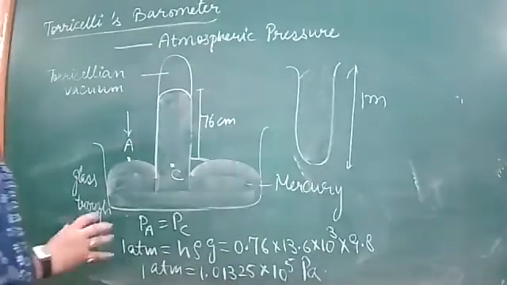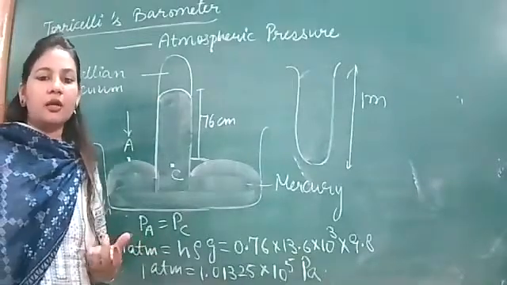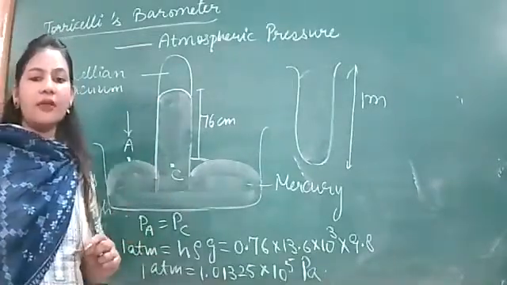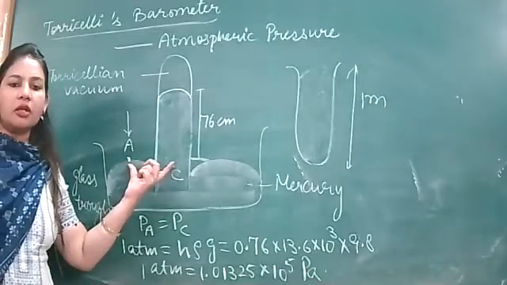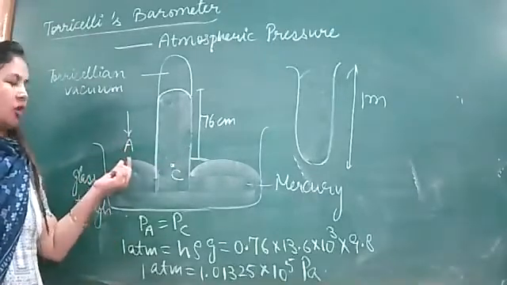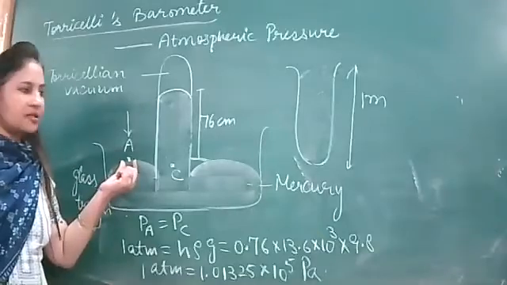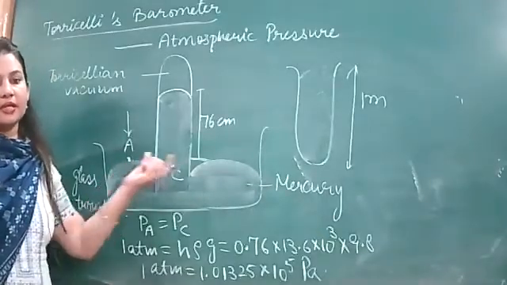So now you must have understood the logic of why we are taking 76 centimeter height of mercury column for calculating 1 atmospheric pressure, because pressure at these 2 points at the same level, according to the hydrostatic paradox, is the same. So at this point we are sure that atmospheric pressure is existing, so here also atmospheric pressure must be existing.